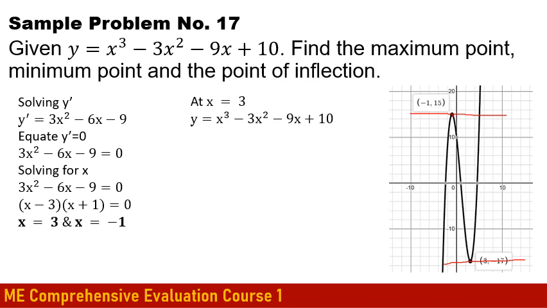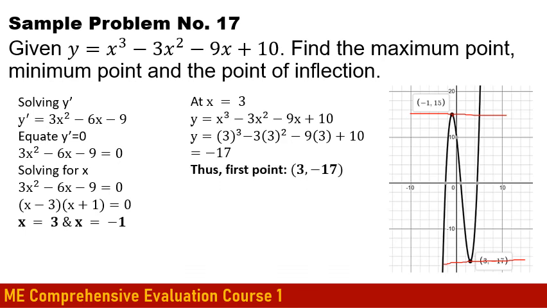At x equals 3, our y is equal to negative 17. So our first point, as you can also see here in our decimal solution, is 3, negative 17. That is the first critical point.